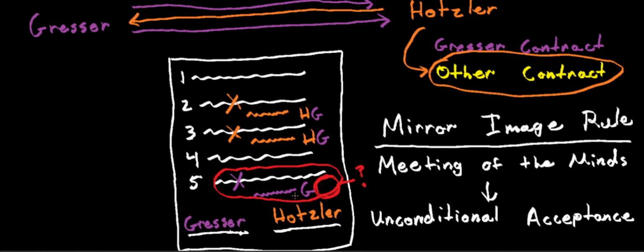And this final change that Gresser made, even though Gresser agreed to it, Hotzler hadn't signed off on that, which meant that there was no contract that was ever formed between Gresser and Hotzler. And so Hotzler, when he got the better offer from that third party, he was free to accept it and leave Gresser out in the cold.